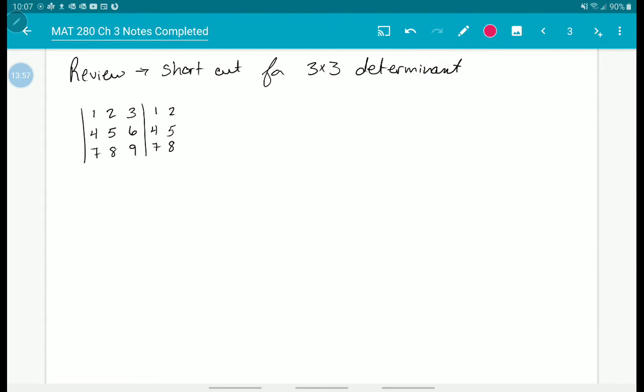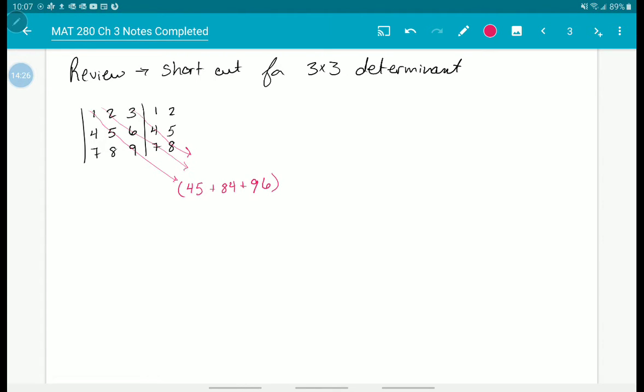So if I multiply down this column, 1 times 5 times 9 is 45. If I multiply here, 2 times 6 times 7. And if I multiply here, 3 times 4 times 8.